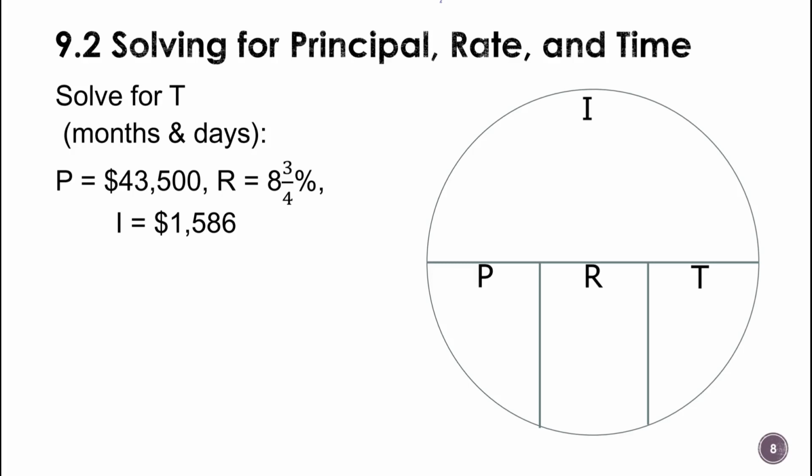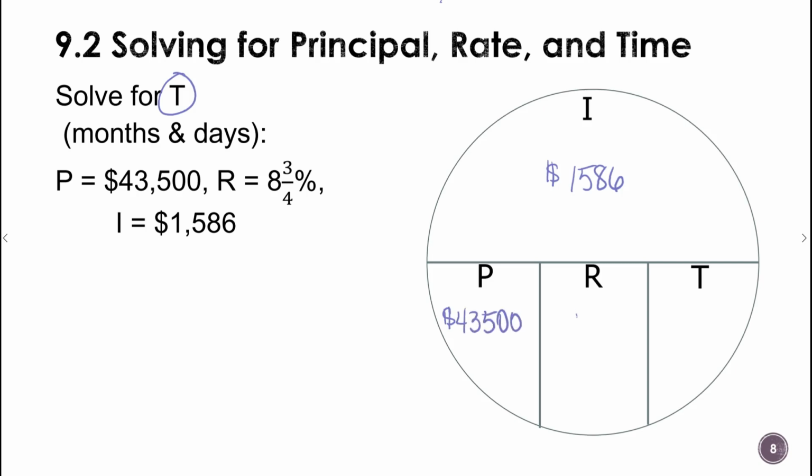Hi, we're on the second video for section 9.2, and on this first example we're going to be solving for time. We know the interest is $1,586. Principal is $43,500.